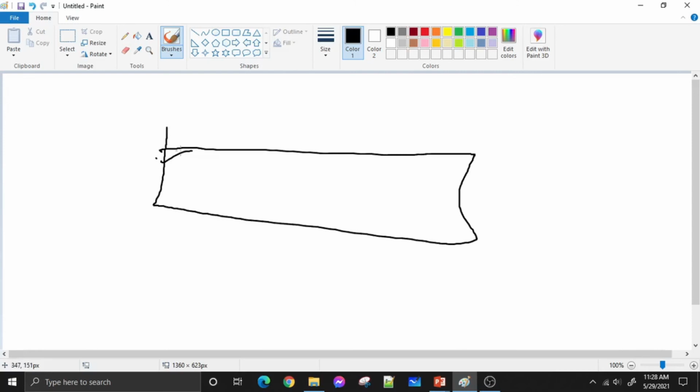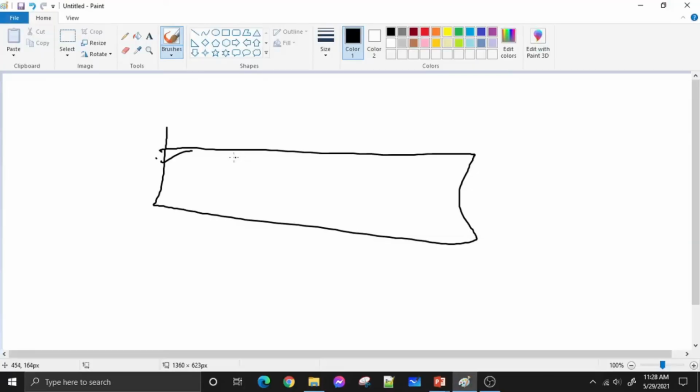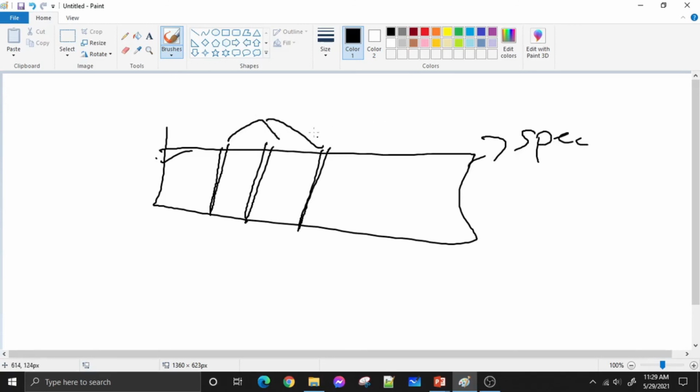This is the continuous spectrum, and to describe the idea that some properties click like a dial with specific settings, scientists coined the word quantize. So these are the packets, or the quantized values. The quanta are the packets. This is your spectrum. These are your quantized packets.